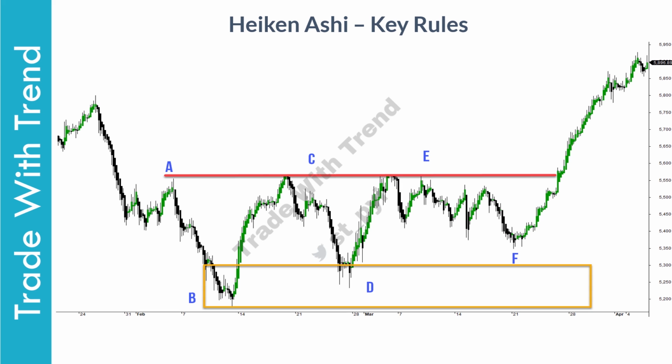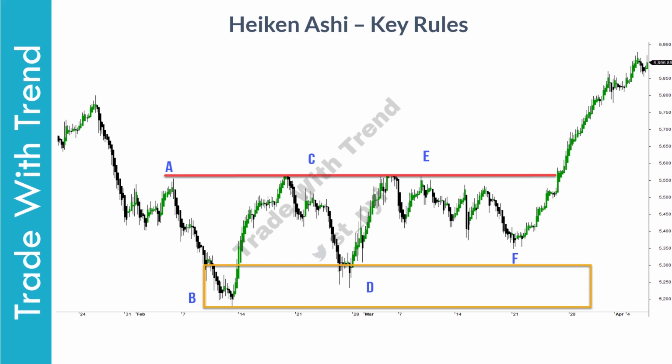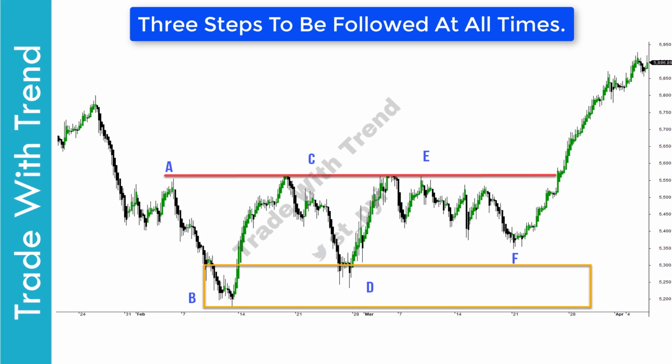When price breaks out of the A, C and E resistance line, make sure volumes expand along with wide range candles. This is where Ikeneshi candlesticks are so useful as trending structure is easily identifiable. These 3 guidelines that I've shown here should be followed at all times.